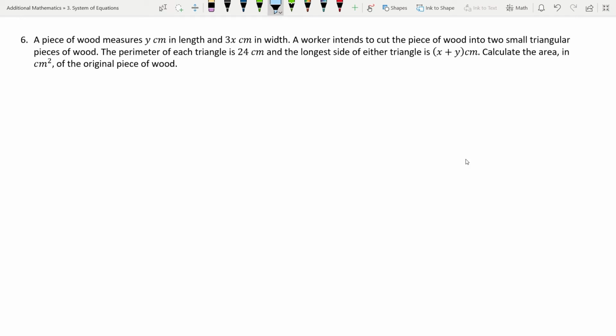First, we are told that there's a piece of wood measuring y cm in length and 3x cm in width, and it is cut into two small triangular pieces of wood.